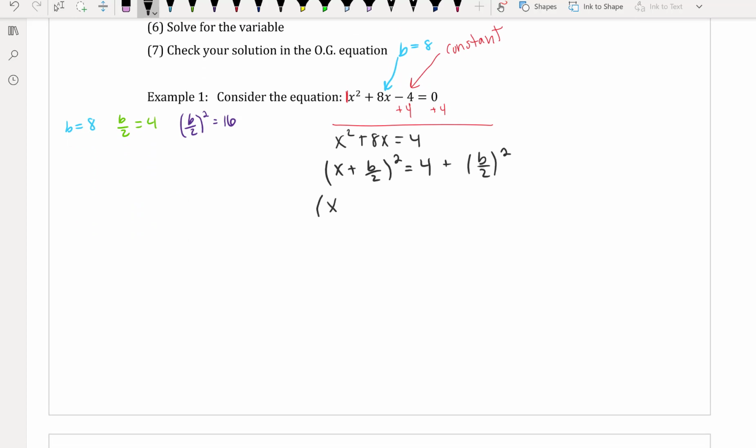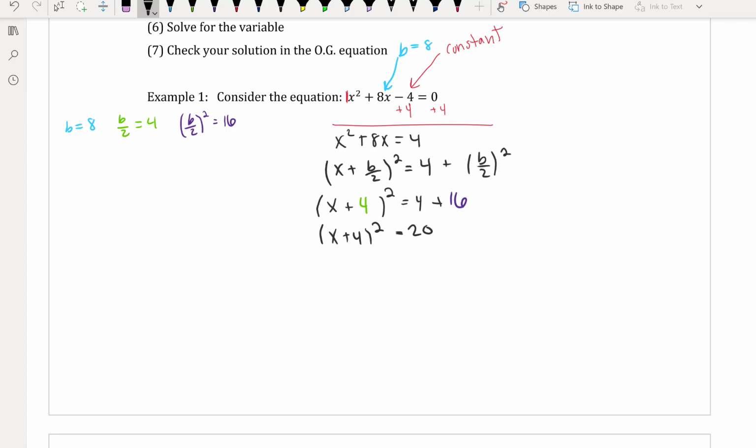So I'm going to have my x plus 4 squared is equal to 4 plus 16, because b divided by 2 was 4 and b divided by 2 squared was 16. So x plus 4 squared is equal to 20.